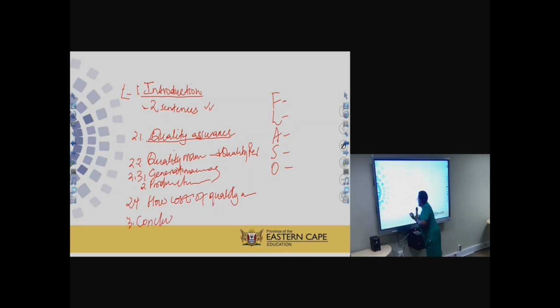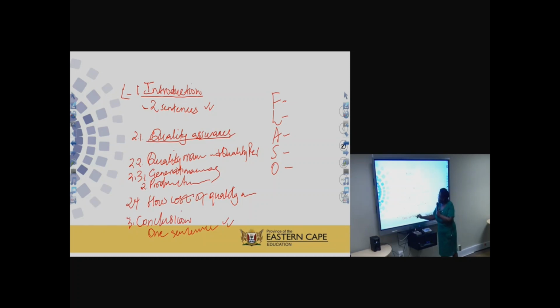You have your conclusion. Then having the layout, conclusion will be 1 sentence. That sentence will be 2 marks. In that sentence, you can take something from what we have discussed, but you must guard against repeating whatever you have responded to in the introduction and in the body.